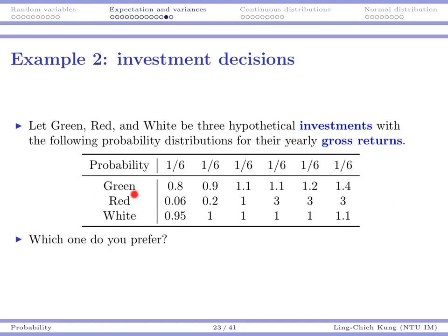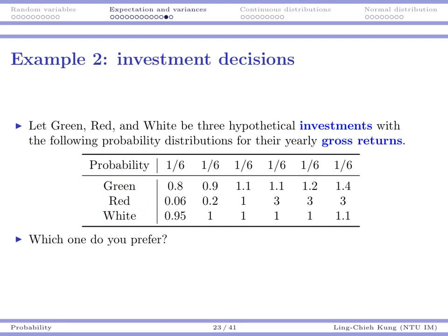Okay, so for the green investment, each of the outcomes has probability 1/6. With probability 1/6, I get 80% back after 1 year. With probability 1/6, I get 90% back after 1 year. So with some probabilities, I'm going to earn 10%, 10%, or 20%, and so on.